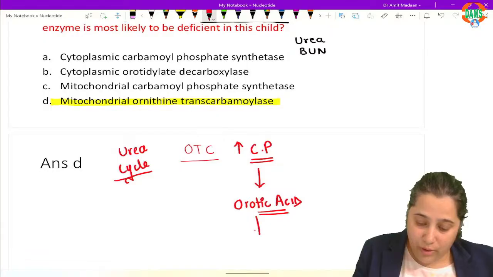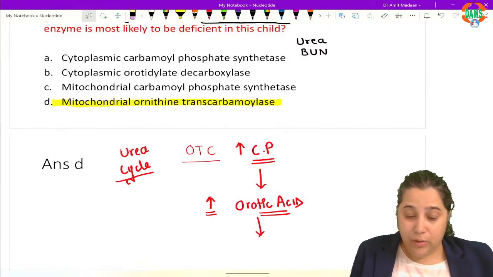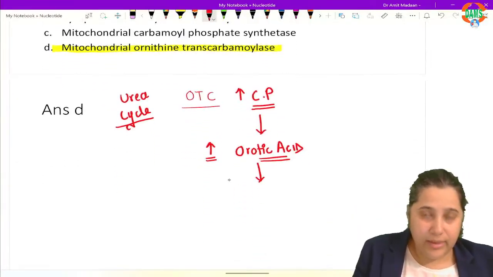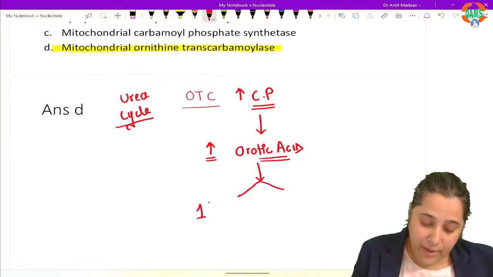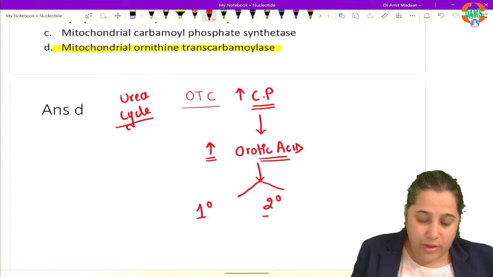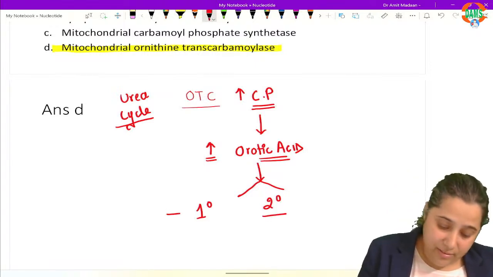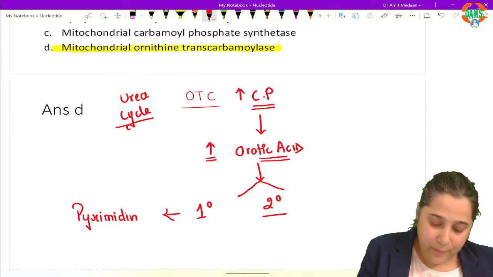This high orotic acid will be seen in, see, there are two causes of high orotic acid. Either it can be primary or secondary orotic aciduria. Primary orotic aciduria means it is a pyrimidine defect which has led to an increase in orotic acid.